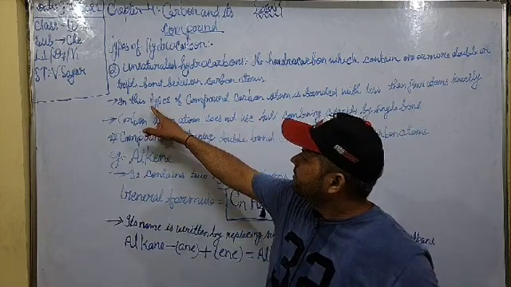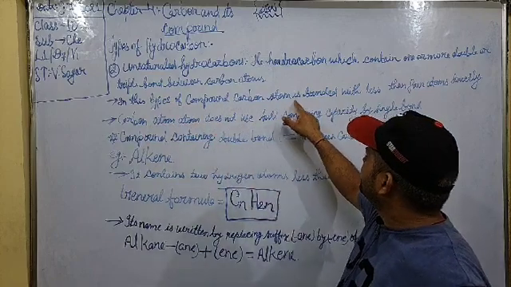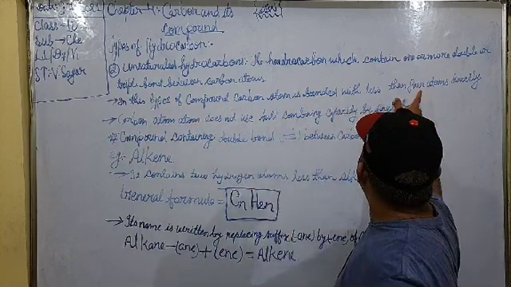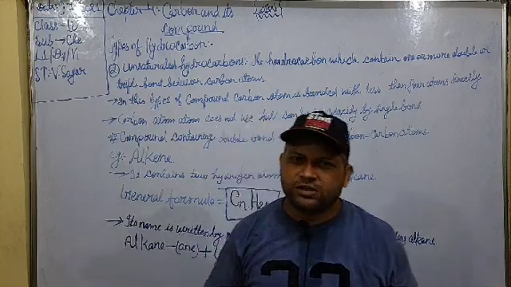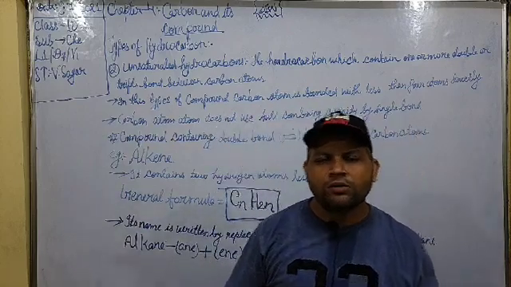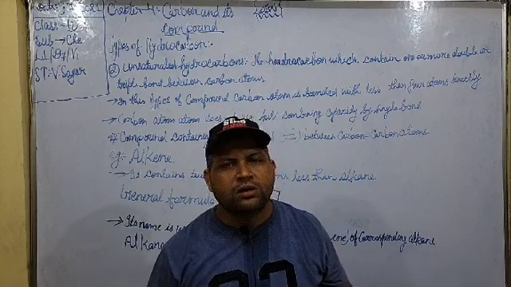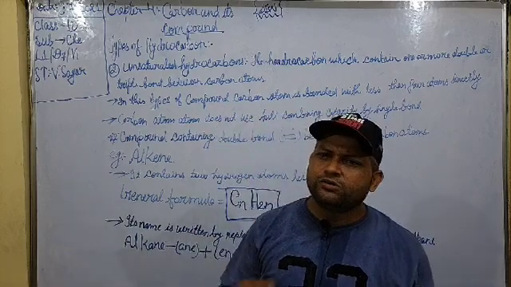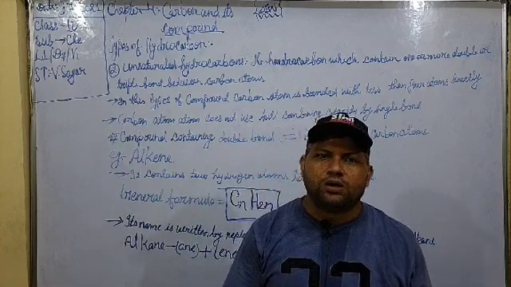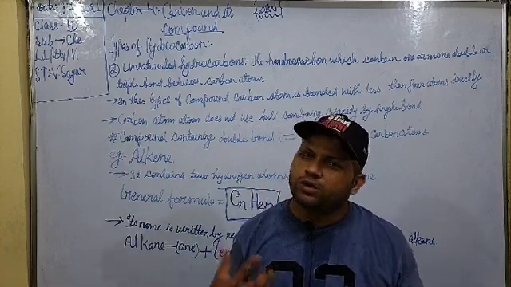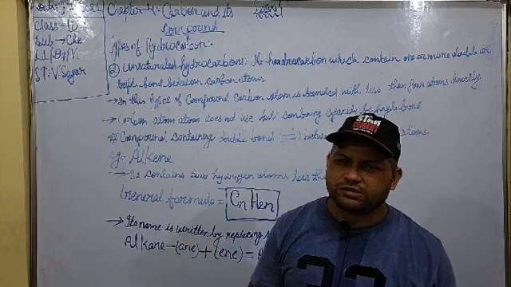And in these types of compounds, carbon atoms are bonded with less than 4 atoms directly. In saturated hydrocarbons, what happens? We have seen that a carbon atom can combine with 4 atoms, either carbons or other atoms, hydrogen or others.